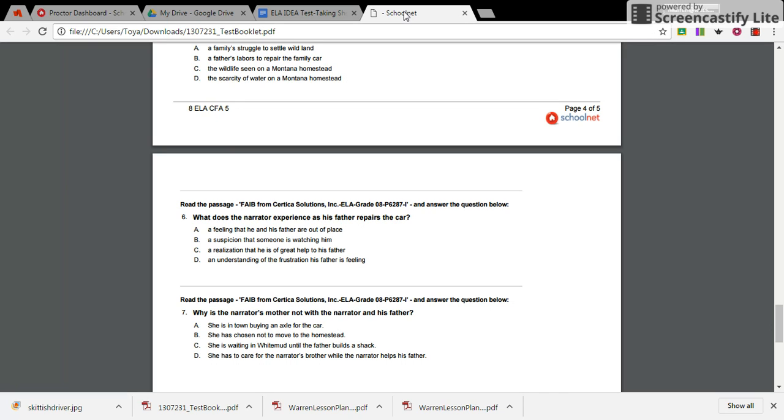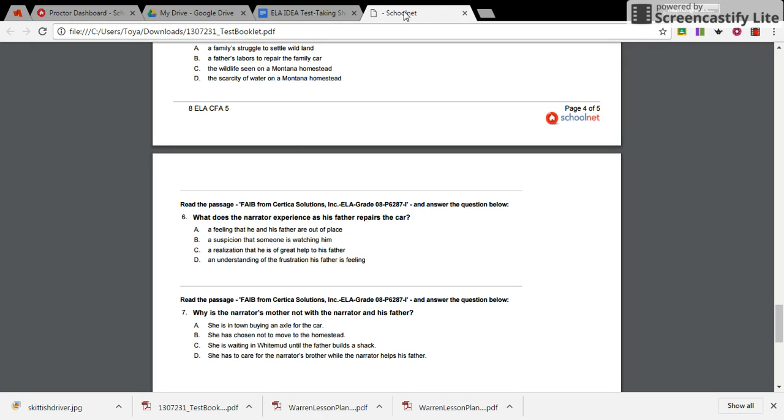When I read question number 6, it says, what does the narrator experience as his father repairs the car? So I'm thinking my keywords are narrator, experience, and then the phrase father repairs the car. It's important for me to focus on those parts of the question because that's what I'm trying to answer.